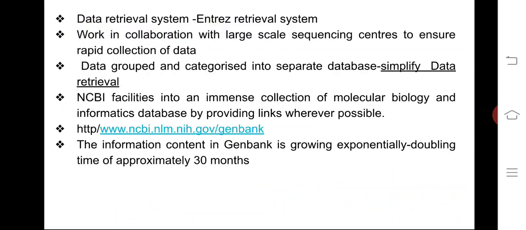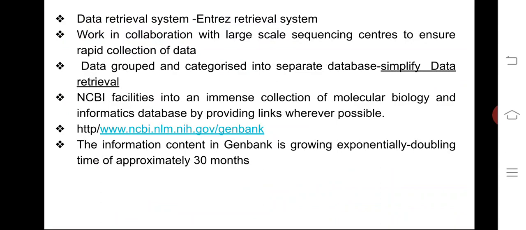Other than that, citations can be seen, so you can find older or earlier works in your research field. Here we can see that it is available through the site www.ncbi.nlm.nih.gov/genbank, and the collection is enormously increasing.